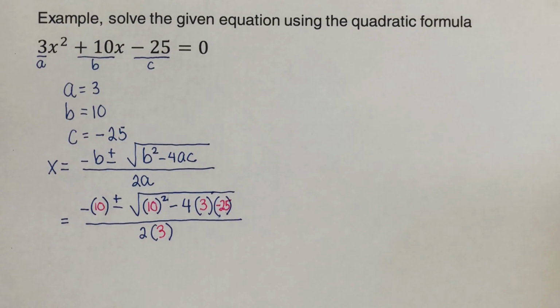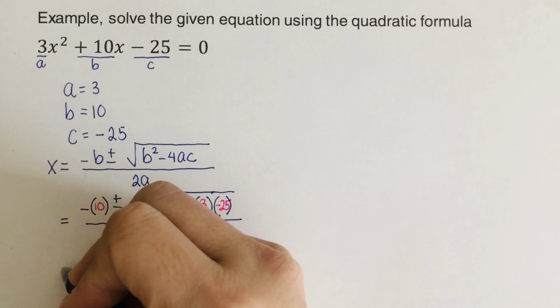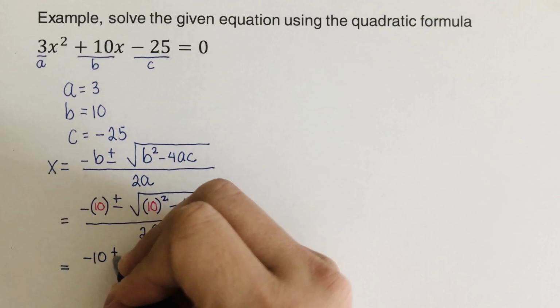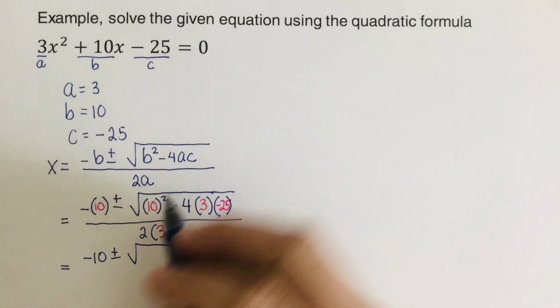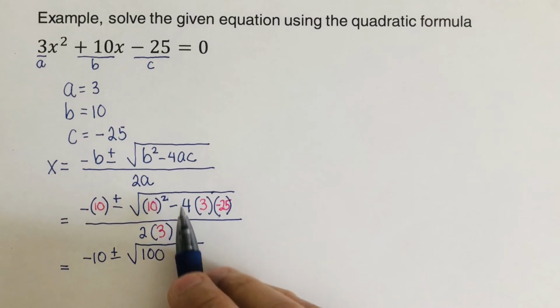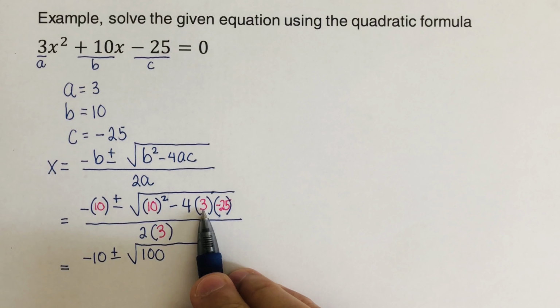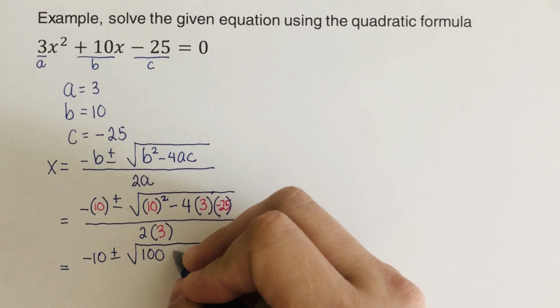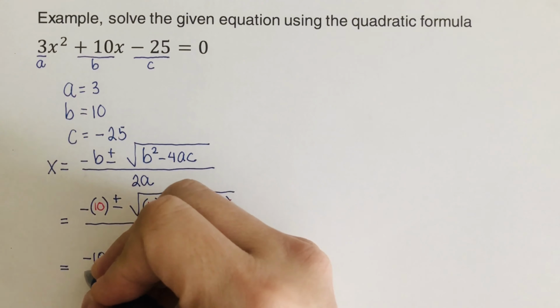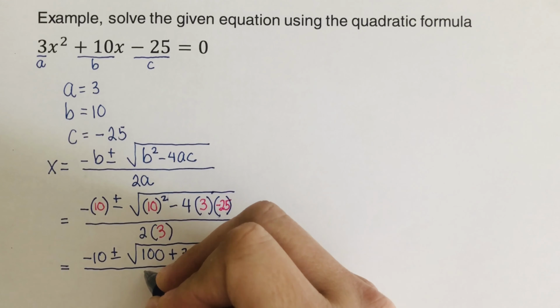Okay, so from here, we can go ahead and simplify, evaluate this. So this would be negative 10 plus minus the square root of 10 squared, which is 100. And then negative 4 times 3 is negative 12. Negative 12 times negative 25 is positive 300. A negative times a negative makes it positive, divided by 6.